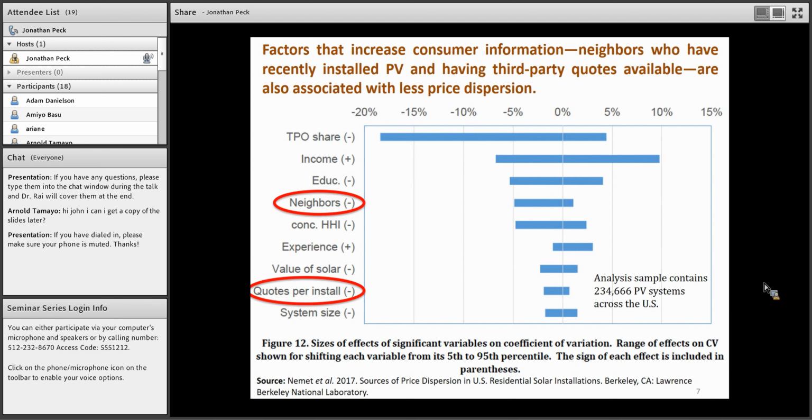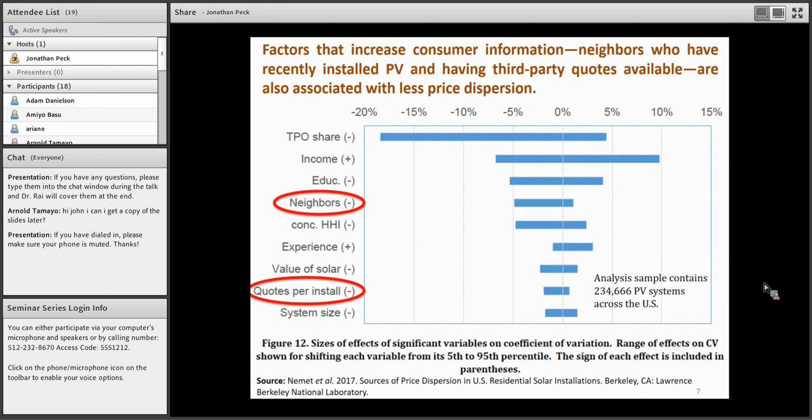Both of these have to do with the fact that if you get more quotes or there are more neighbors, there is more accessible, local, trustworthy information that is highly relevant to the decision making. That gives the customer highly targeted information that they can use in their decision process and in their interaction with installers to come to a price point or to understand the price point.